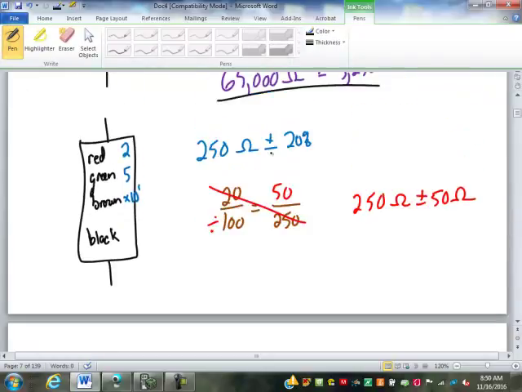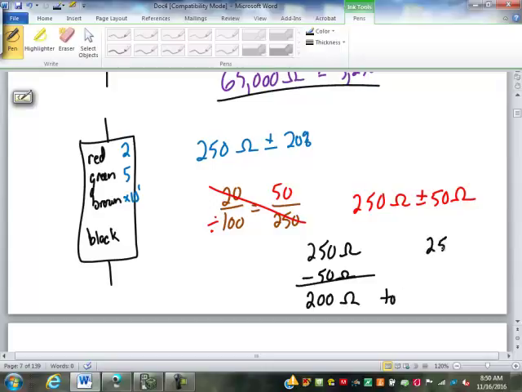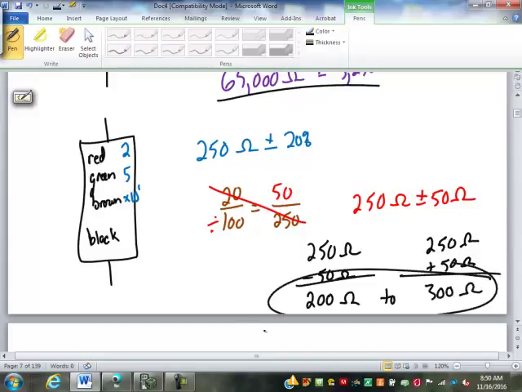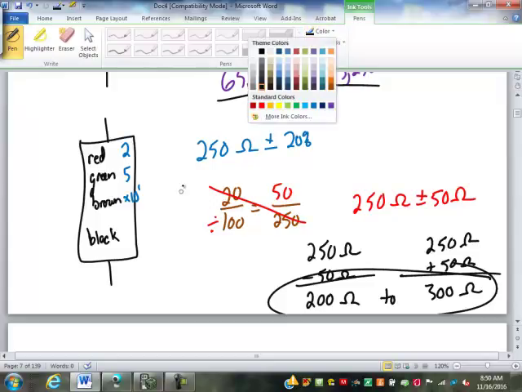Now, of course, that implies a range. If I had 250 ohms minus 50 ohms, gives me a lower end of 200 ohms, up to 250 ohms plus 50 ohms, gives me an upper end of 300 ohms. So I have that range.